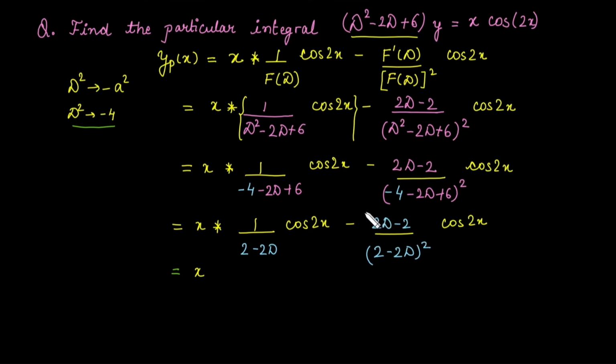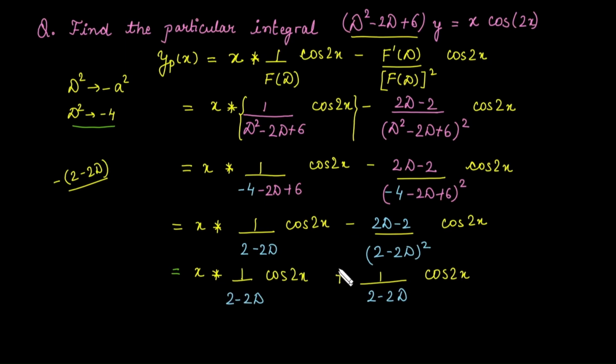Next we can take the common negative sign from here, and then we can cancel it out, because when you take the negative outside we have 2 minus 2D in the numerator, and the same term is available in the denominator. After simplifying we have this term as it is. Now here we have taken the negative outside, so it will become plus.